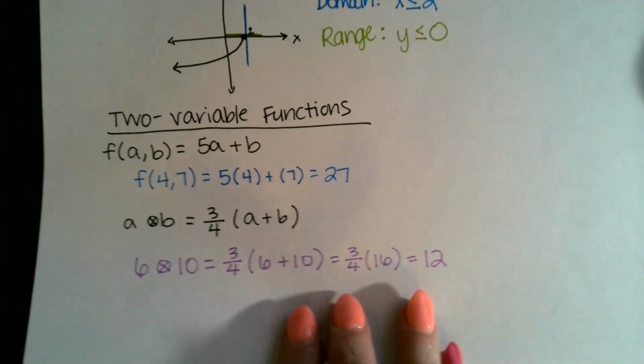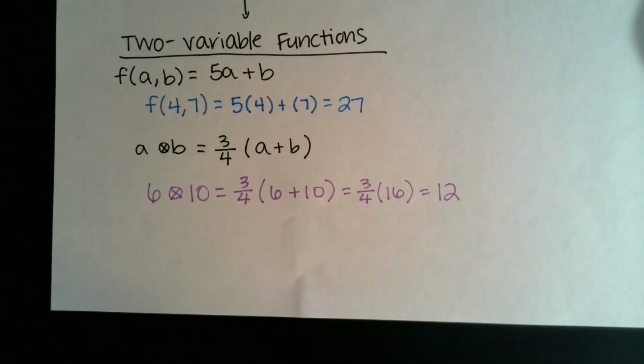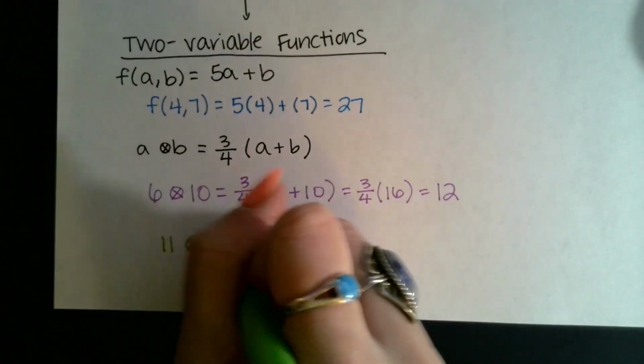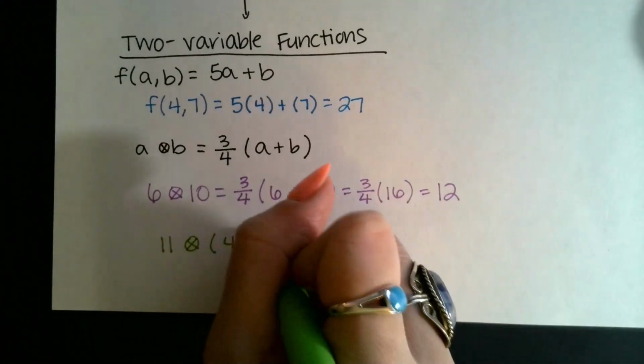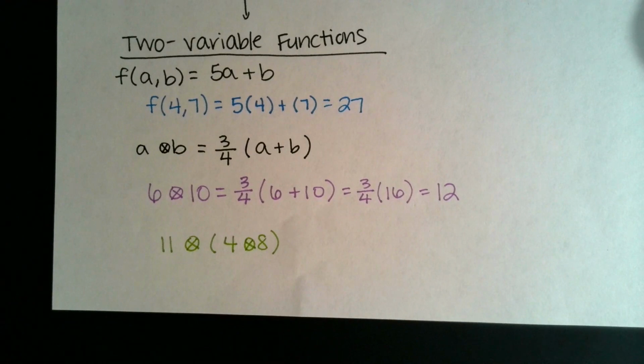All right, one more thing to write down for this and then we're done. We're not even going to do another problem. I'm just going to show it to you. Sometimes you're going to see something that looks like this, where you have that symbol showing up twice. Guess what order of operations tells us?